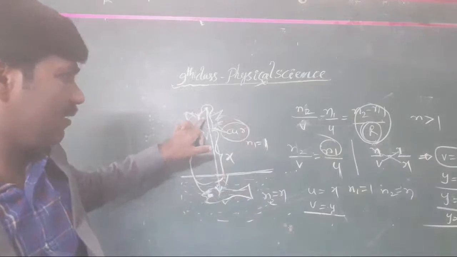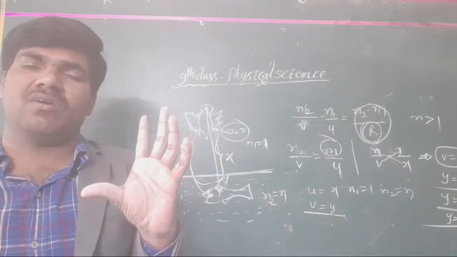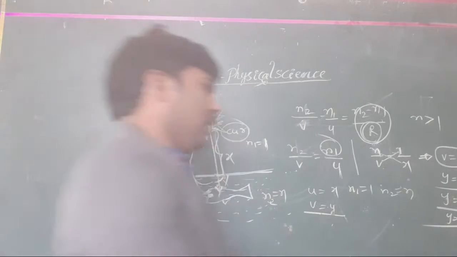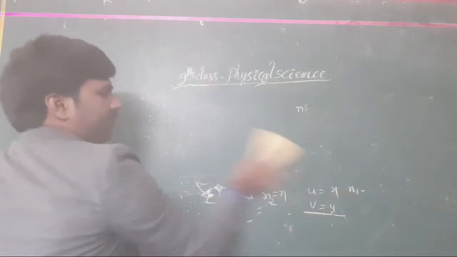The same thing, the bodies appear, for this fish, somewhat closer than the actual distance. That is called a vertical shift. Then why does it occur?